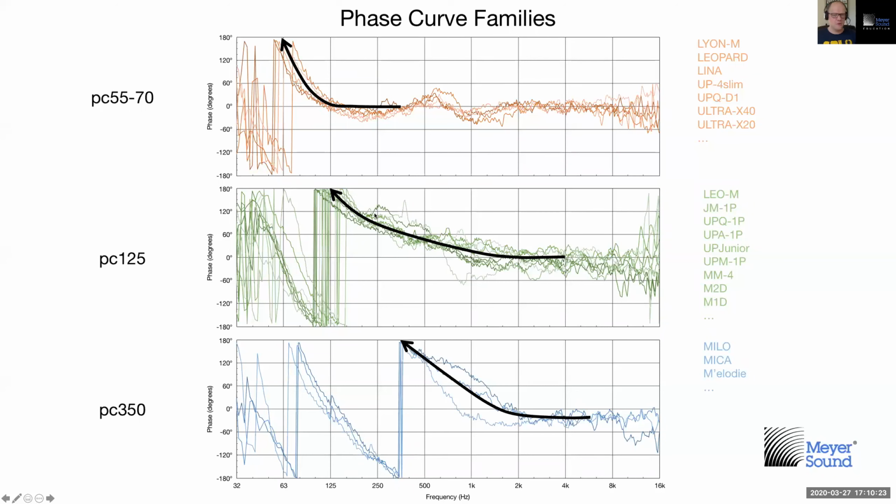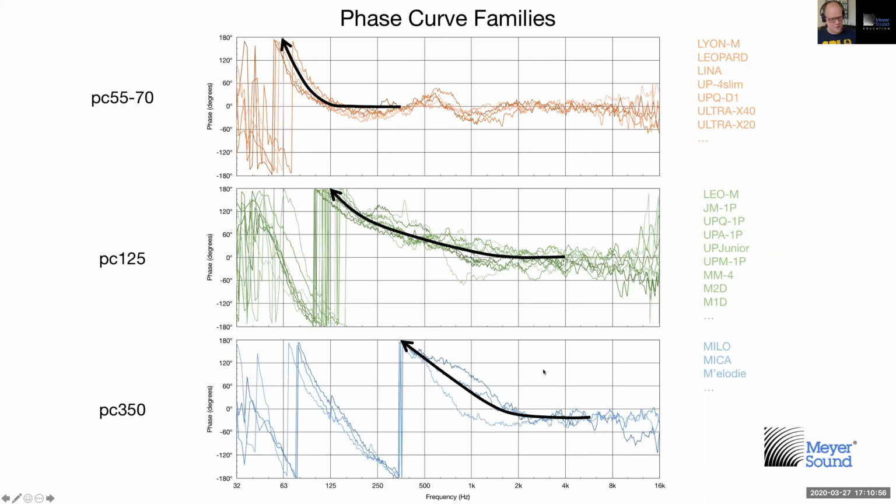However, as we're trying to improve the native phase response of our products, things are subject to change, and that means that if you look at current generation products such as Lena, UPQ D1, Ultra X40, Ultra X20, but also Leopard and Lion, they have the wraparound or the phase wrap living at a different frequency, and that is typically between 55 and 70 Hertz. So we refer to that as PC55, 70 Hertz.